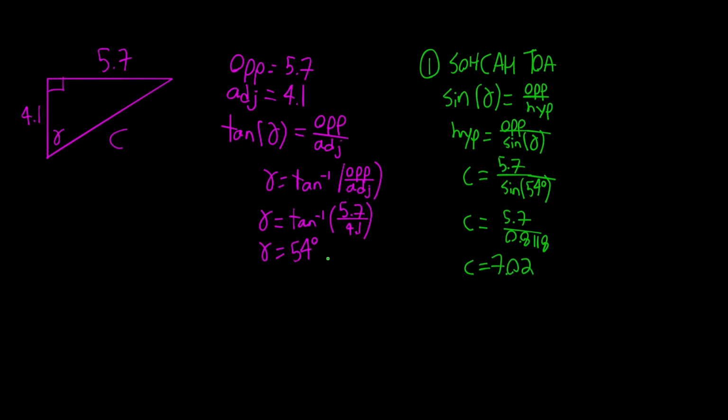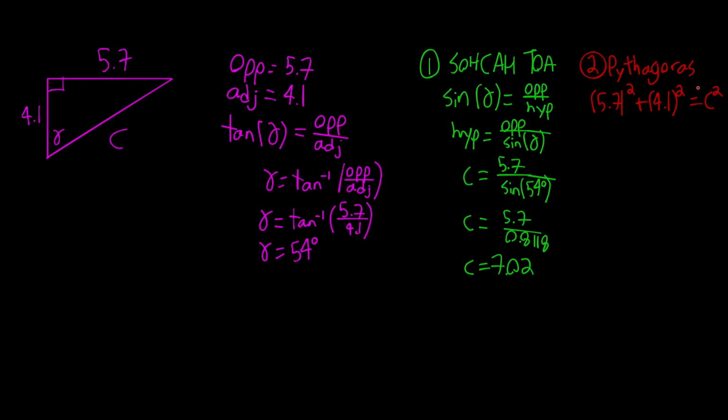Now, the second way to do this is going to be using the Pythagorean theorem, right? We know two of our sides, and we want to solve for the third side of a right triangle. So Pythagoras. And this is going to give me 5.7 squared plus 4.1 squared is equal to c squared.